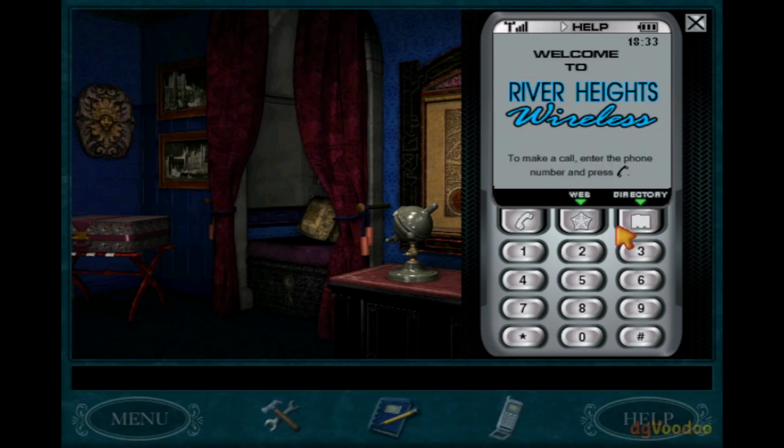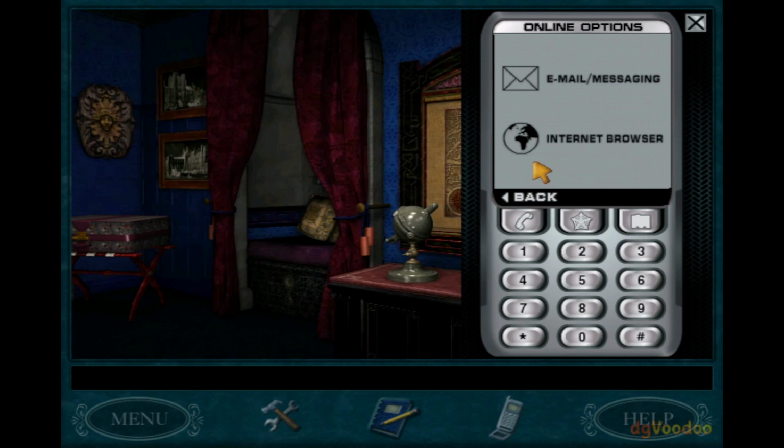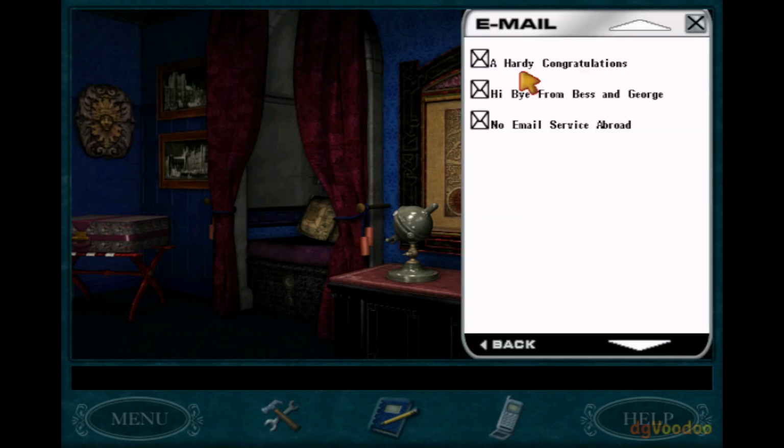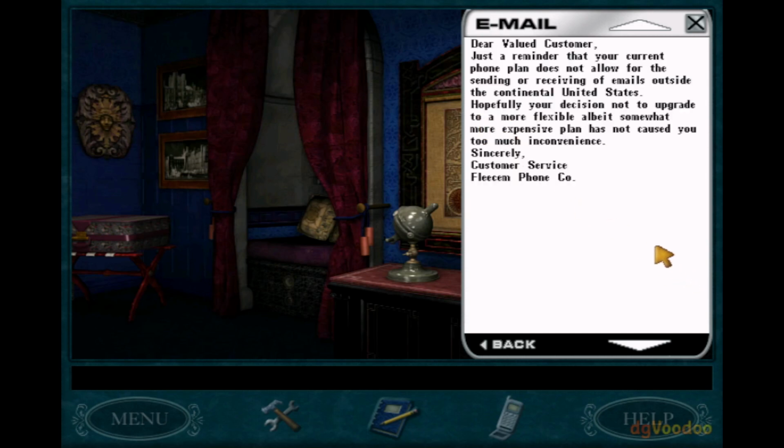All right. What do we have? Oh, okay. No email service abroad. Dear valued customer, just a reminder that your current phone plan does not allow for the sending or receiving of emails outside the continental United States.